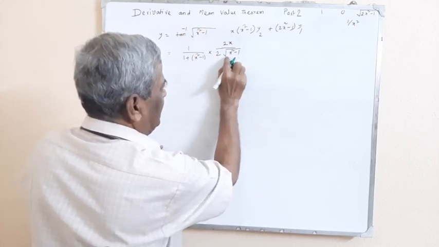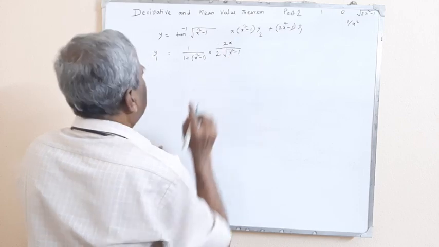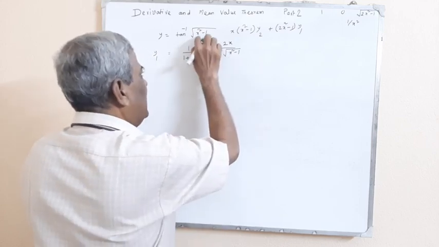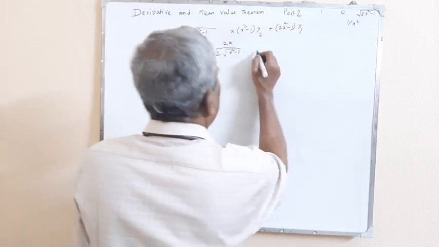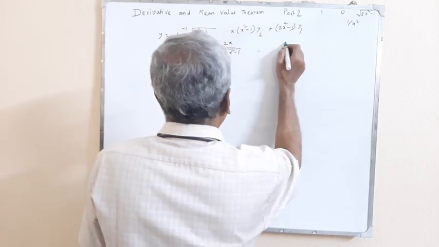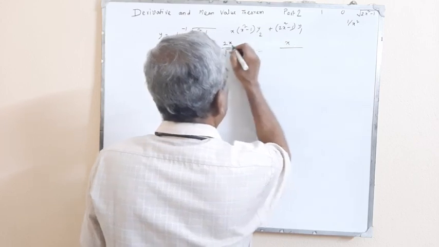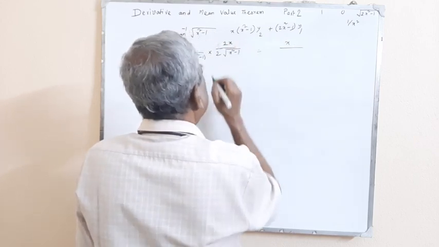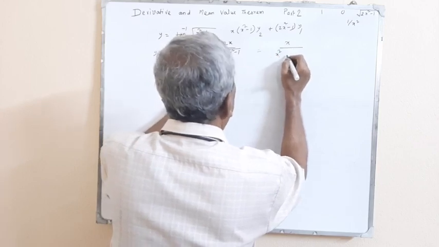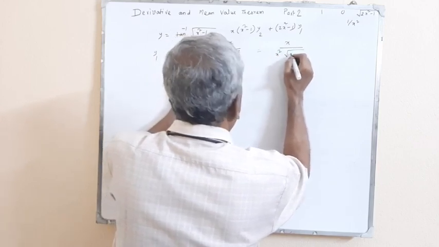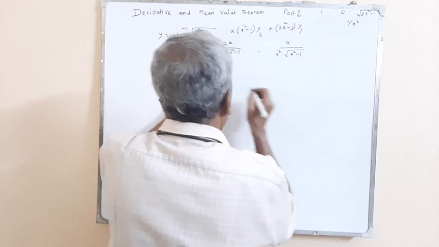So in denominator, root over of x square minus 1 into derivative of this part, 2x. So it is equal to x by, this is x, 2 cancels, this cancels, so it is x square into root over of x square minus 1.